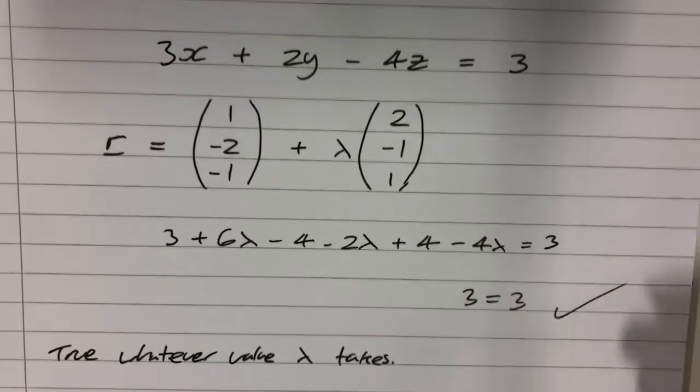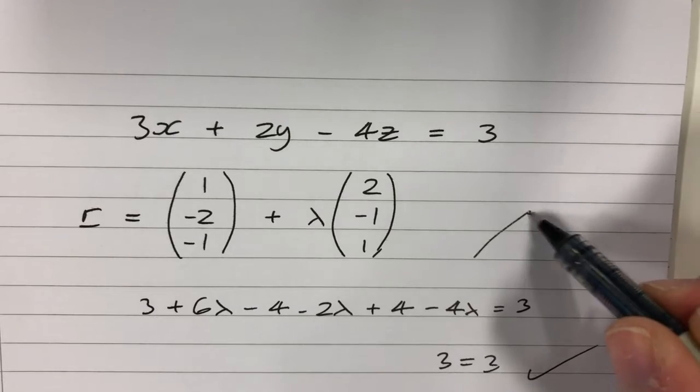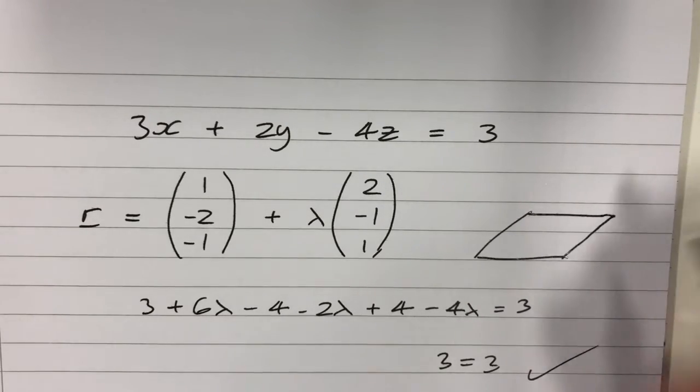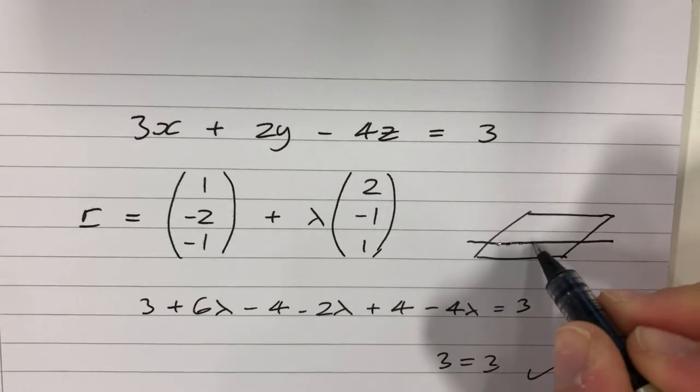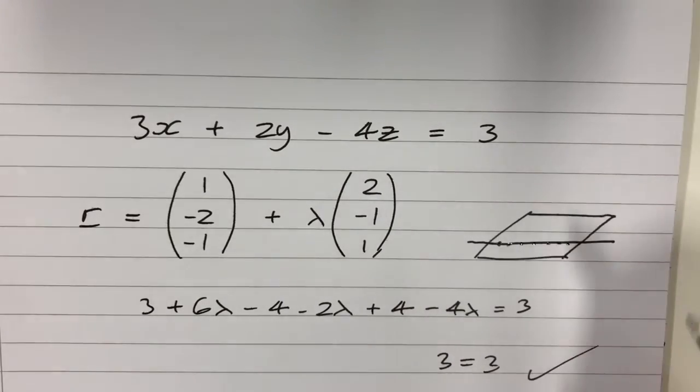3 does equal 3, and the configuration we've got here is that we've got the plane, and the line is actually on the plane. So every point on the line satisfies these equations.